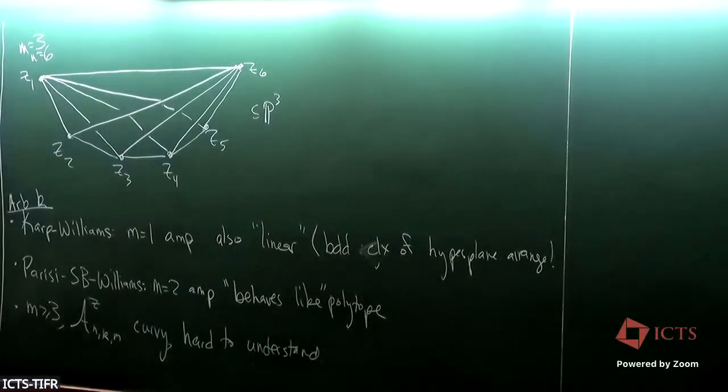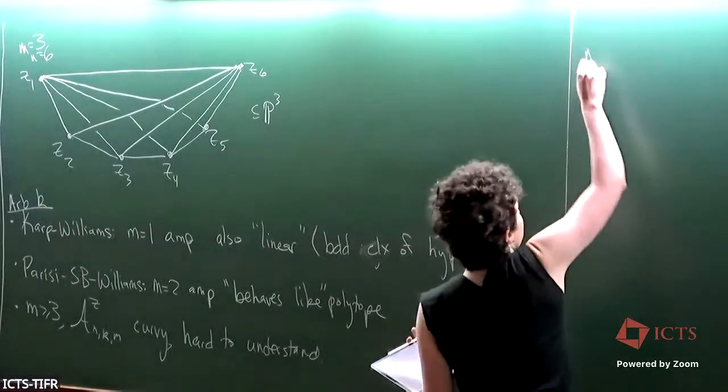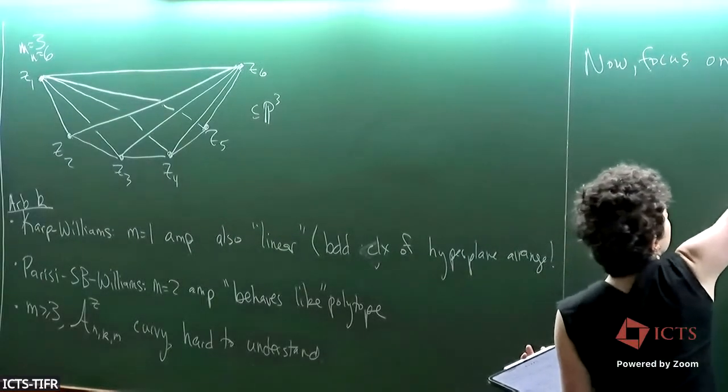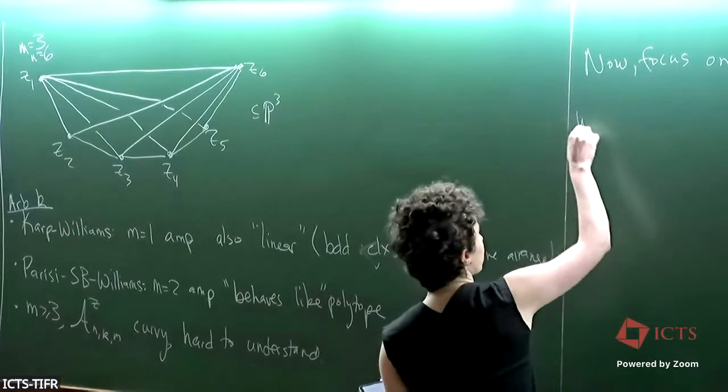Okay, so now I've given you the survey of the easy Amplituhedra to picture. Now let's return to our original question, which was that the m equals 4 Amplituhedron is supposed to encode the BCFW recursion in some way. So now we'll focus on m equals 4. I'm going to remind us what we actually wanted from the Amplituhedron.